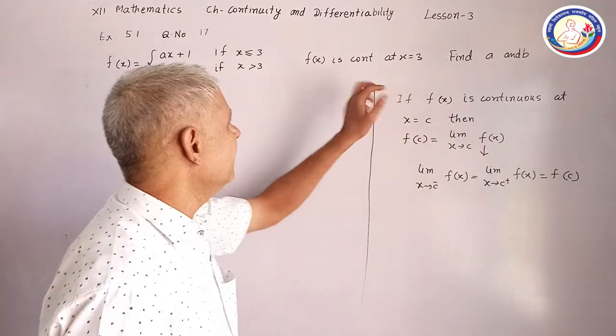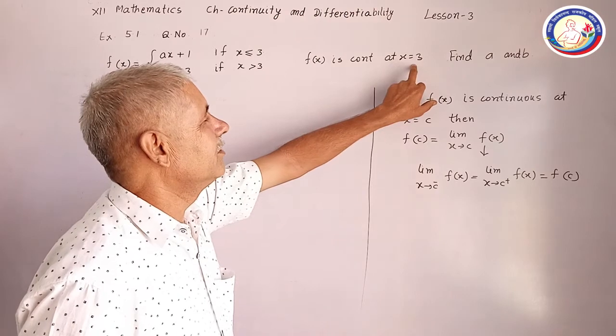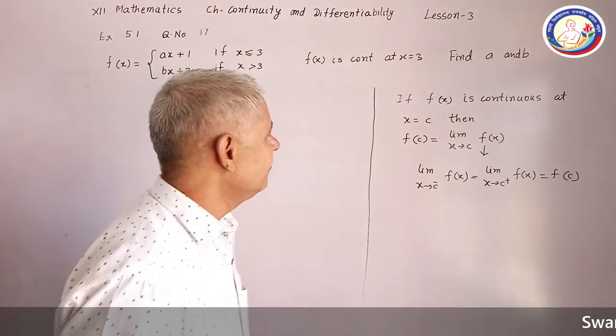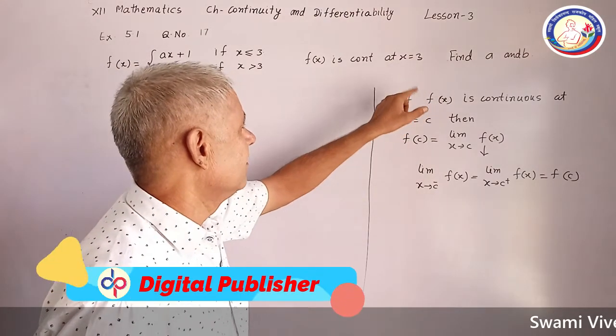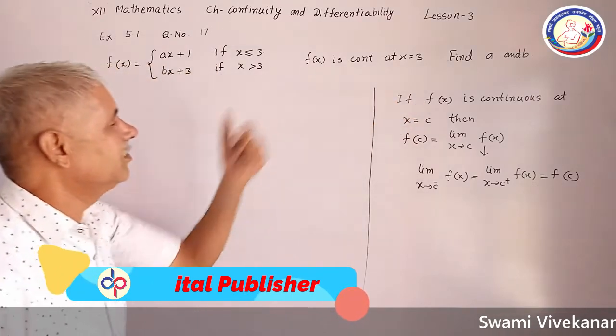So here we are given that the function is continuous at x equal to 3. What can we do? We can find the value of the function at 3.